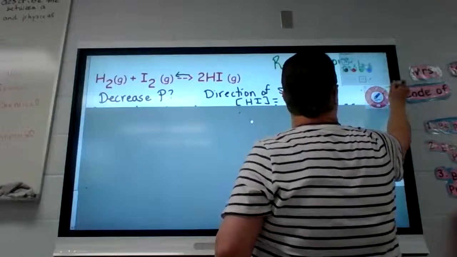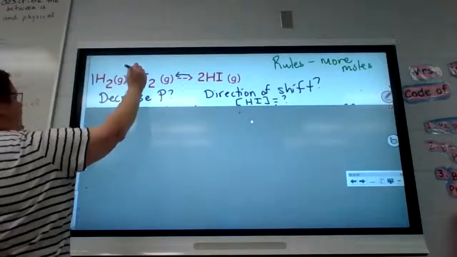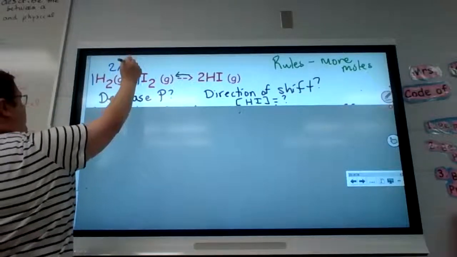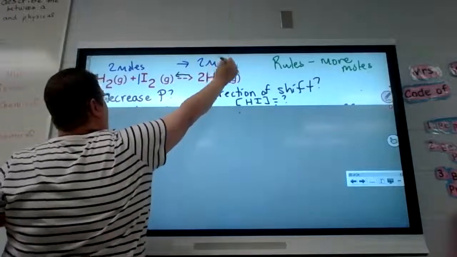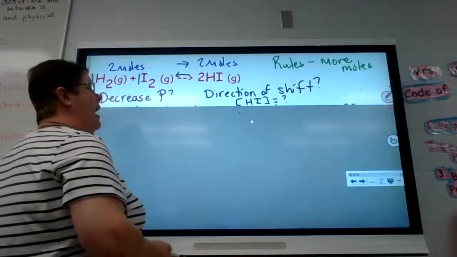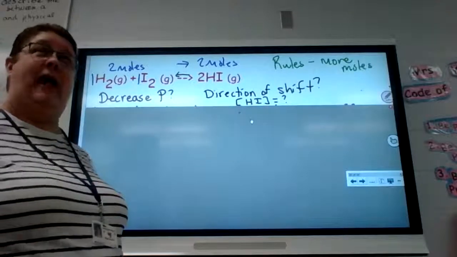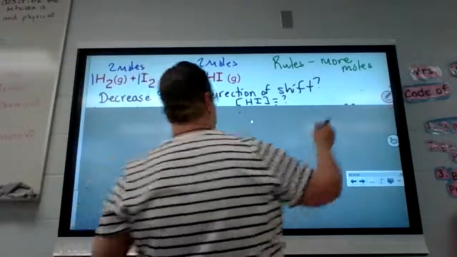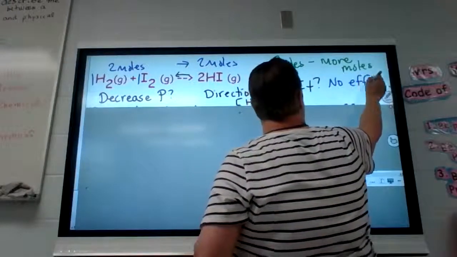How many moles are on this side? 1 plus 1 is 2 moles on this side. And we have 2 moles on this side. Do we all agree? If we have the same number of moles, does it have any effect? No. So there is no effect.